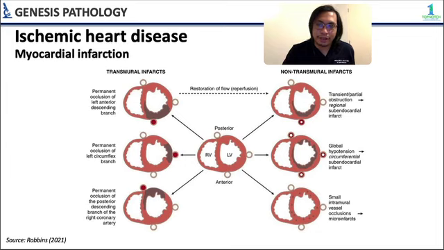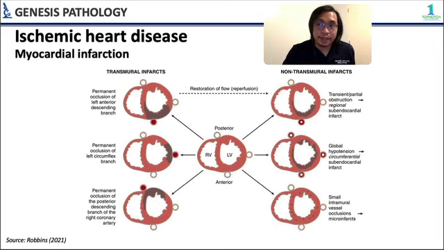Left anterior descending artery. Usually, that's your V1, sorry, actually V2 to V4. But V1 is sometimes included because the septal wall is also supplied by your left anterior descending artery. Now, V1 is septal, V2, V3, V4, that's your anterior wall.